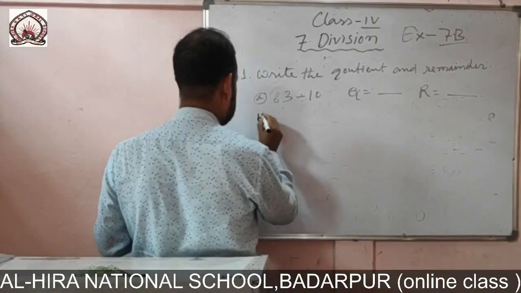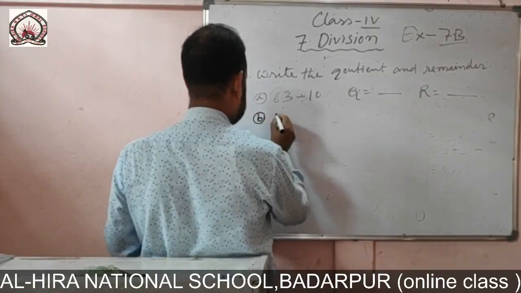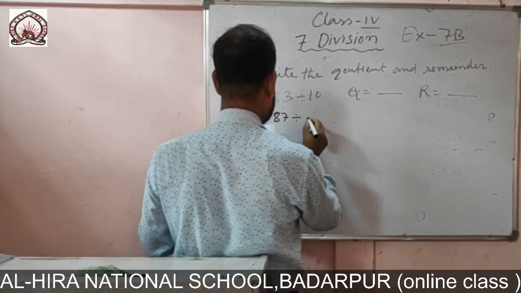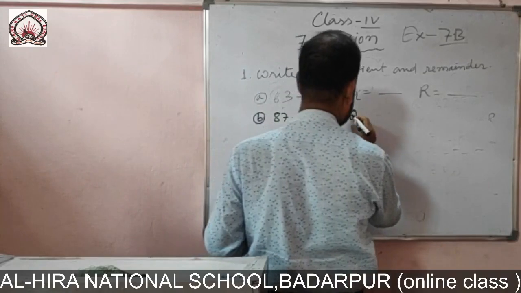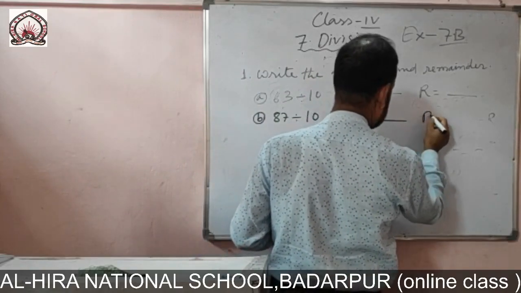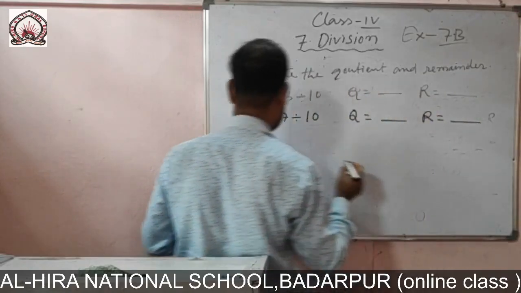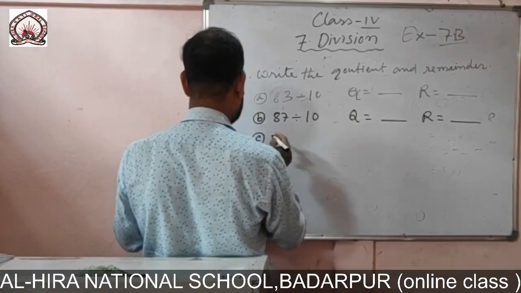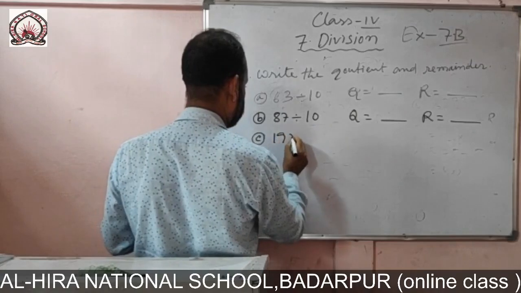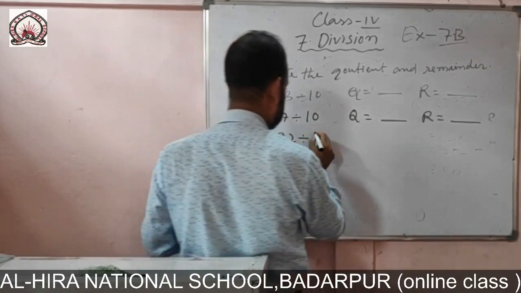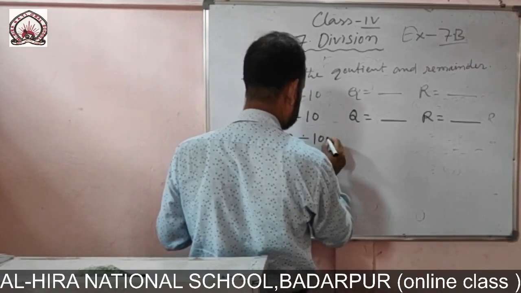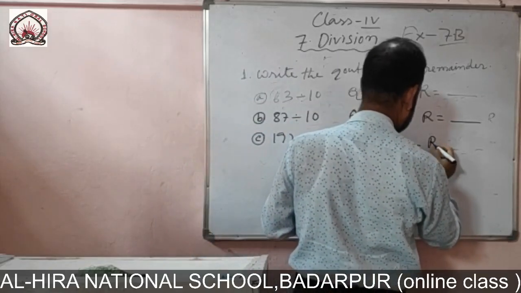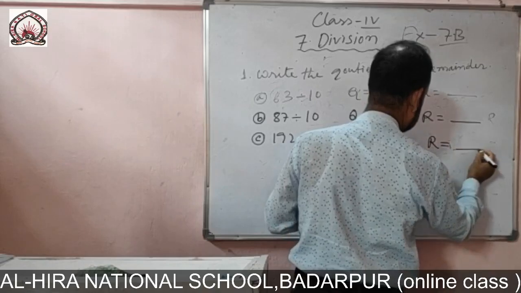Question number B, 87 divide 10, Q dash, R dash. Next, question number C, 192 divide 10, Q dash, R equal to dash.